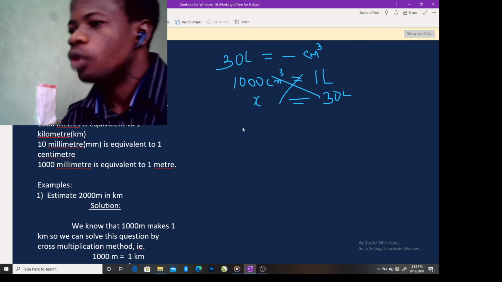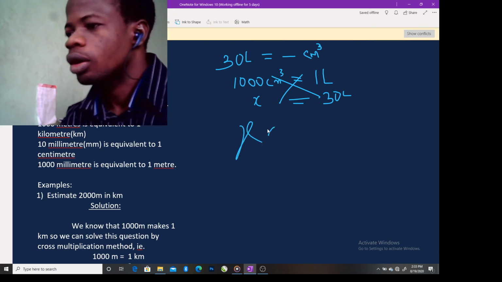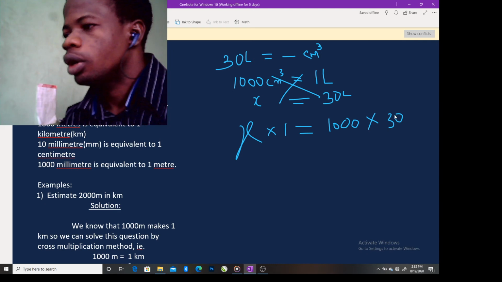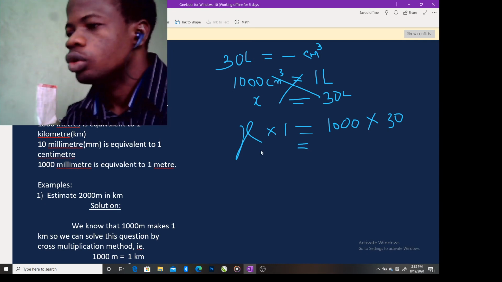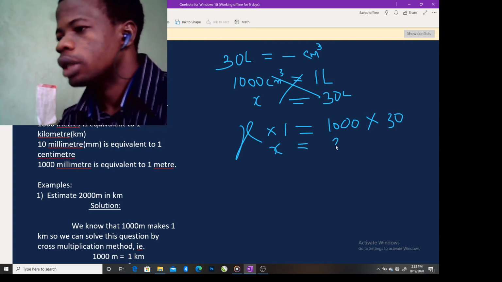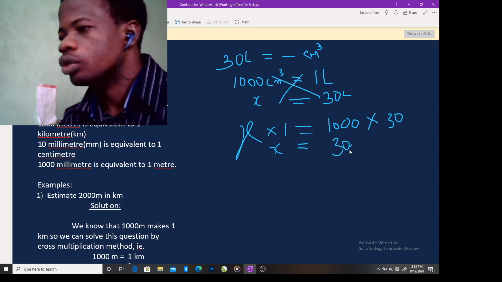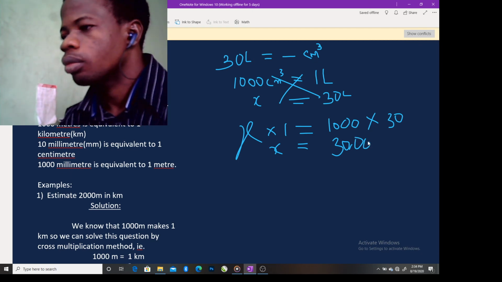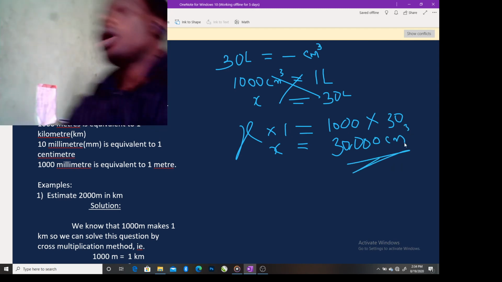You still have x times 1 equal to 1,000 times 30, so x will be 30,000 cm cube.